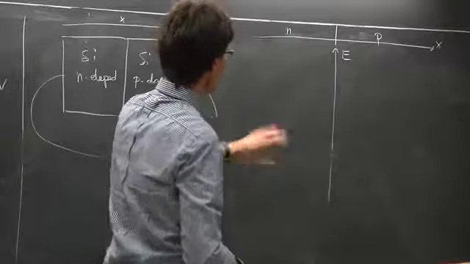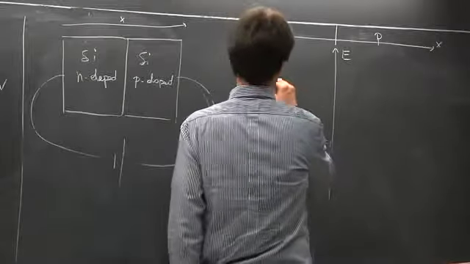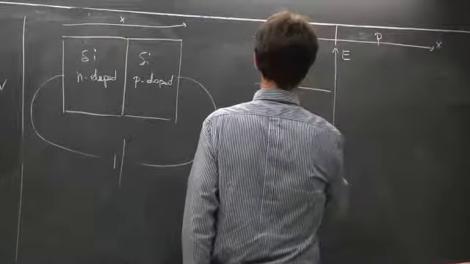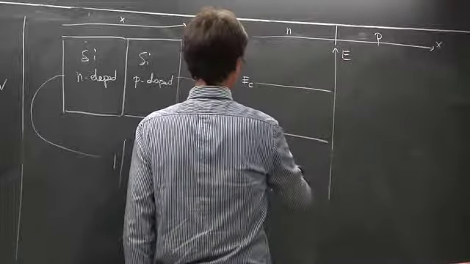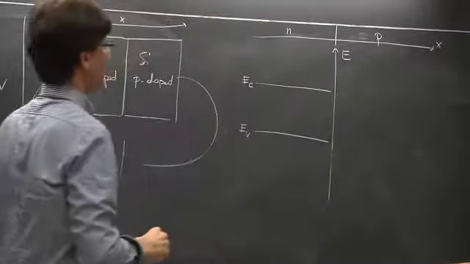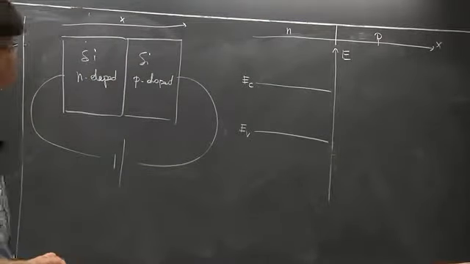On the left side, let me plot now the position of the bottom of the conduction band and the top of the valence band. So this is EC and EV for the left side of my device, of my crystal.